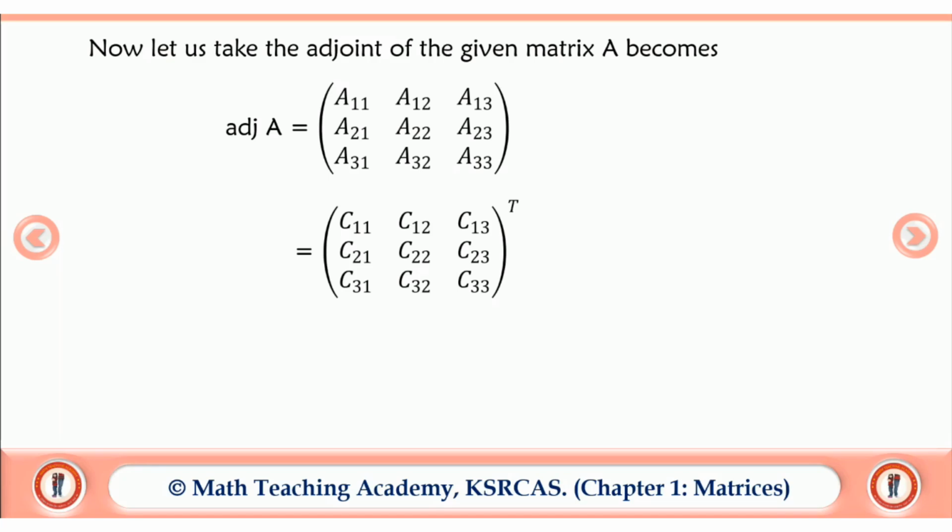And then what you have to do is transpose the rows as columns and the columns as rows. Then what you get is in the first row C11, C21, C31, in the second row C12, C22, C32, and in the third row C13, C23, C33. So this is the adjoint of the given matrix A.